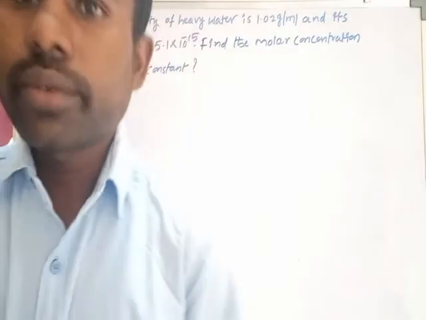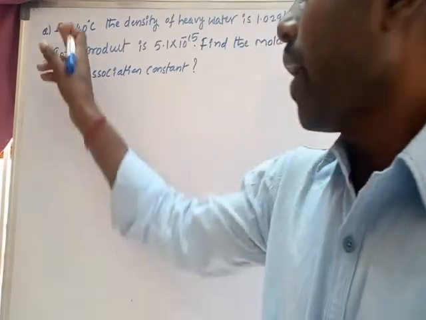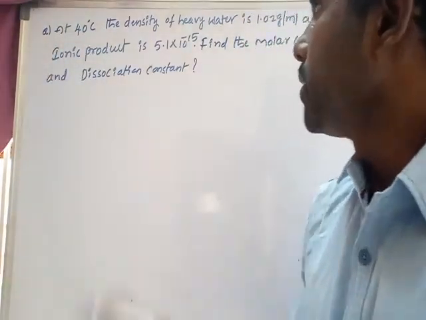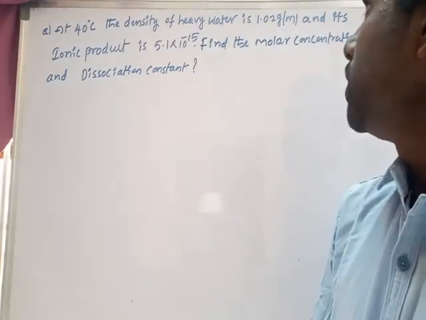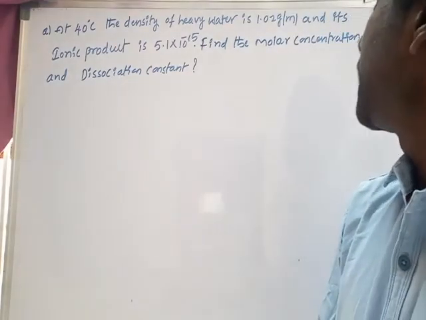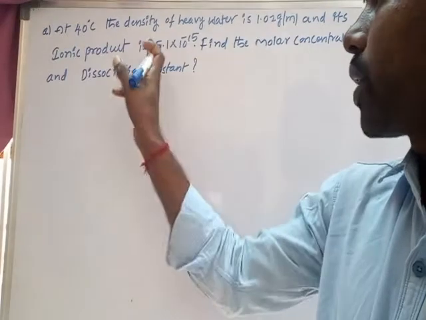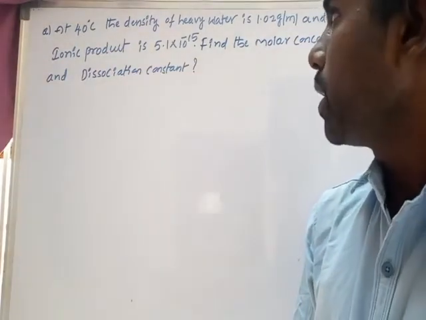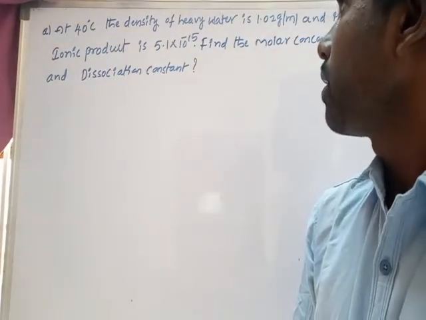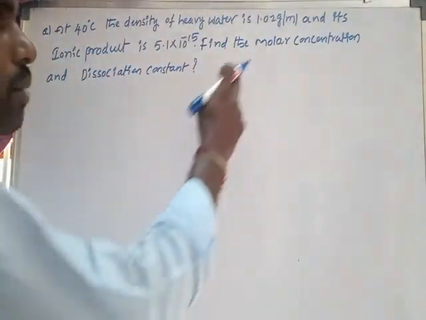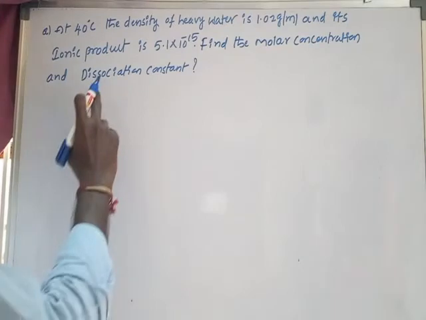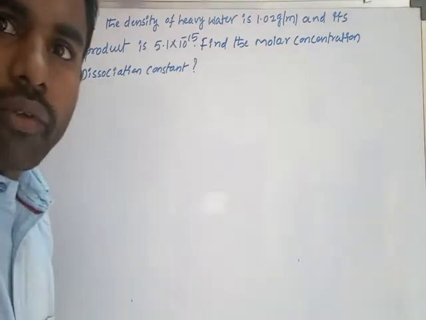Next question. At 40 degrees Celsius the density of heavy water is 1.02 gram per milliliter and its ionic product is 5.1 into 10 to the power of minus 15. Find the molar concentration and dissociation constant of heavy water.